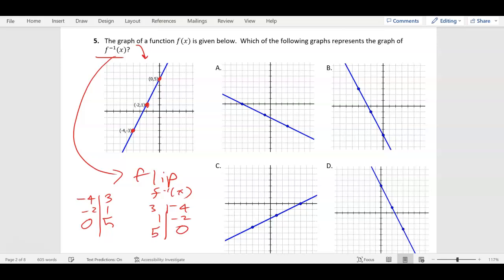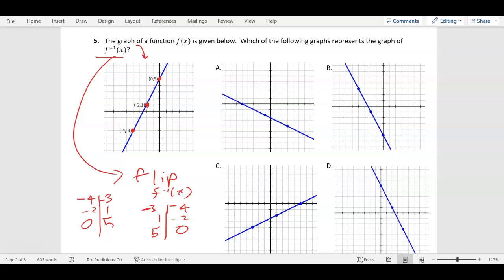So let's look for these points. Which one has 3, negative 4? 1, 2, 3, 1, 2, 3, 4. Hey, 1, negative 2. Ooh, that's not it. 5, 0. Oh, my bad. Negative 3. That's what it should have been. Back up.